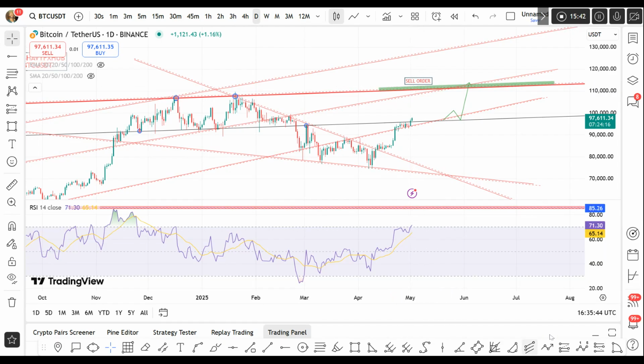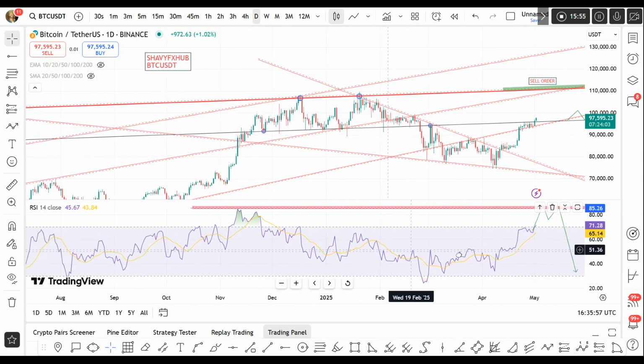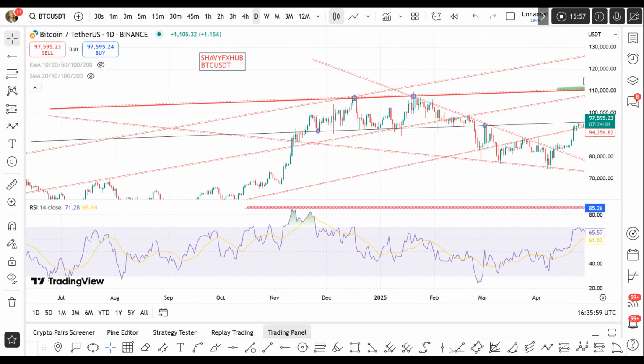It will move the RSI into the overbought territory. And when the RSI comes into the overbought territory, it returns with a double structure, more likely begin to drop from there. So you see, recently we have only one overbought territory for RSI, and there might be a repetition of that again. This is an overbought territory.